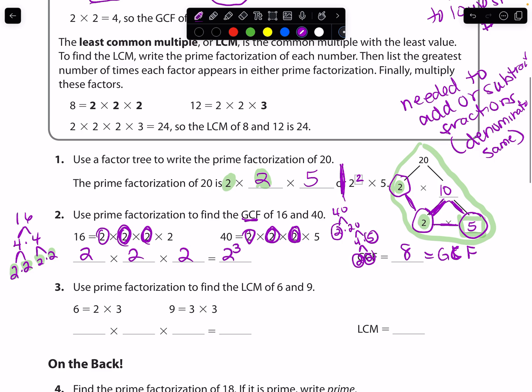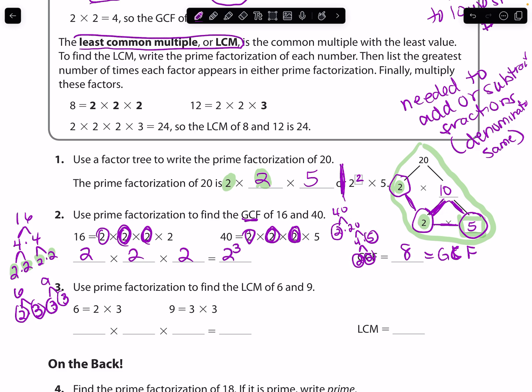So let's do prime factorization for the least common multiple. First, let's verify that they are correct. 6 is only split into 2 and 3, and 2 and 3 are both prime numbers. 9 is split into 3 times 3, and those are also prime numbers. In order to find the least common multiple, that is every number that they have. So you can see, yes, I have a 2, but as you can tell, we still need the extra numbers that both numbers have.